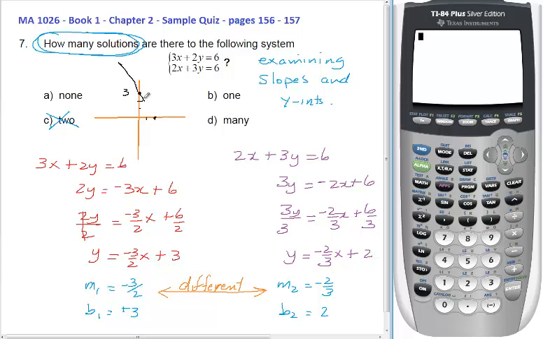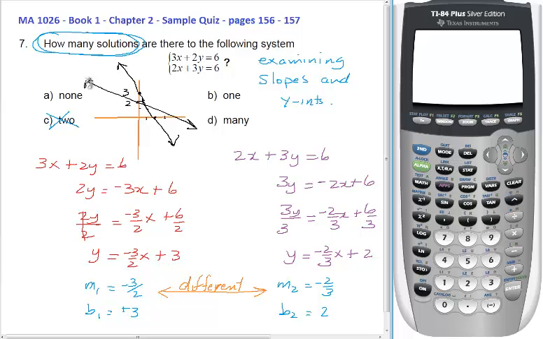So here's my line. I'll just do a rough sketch here, not very straight, but you get the idea. And then +2 is my other intercept. I go down 2 and over 3, so this line is going to be like this. So where do you see it intersecting?